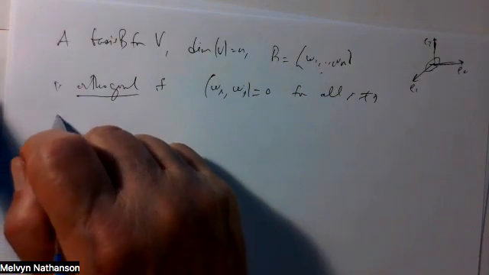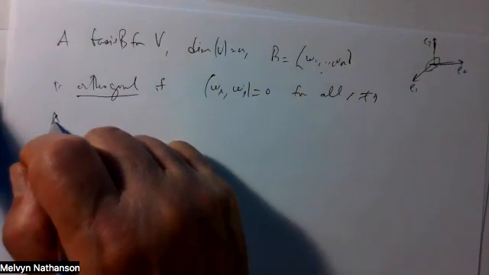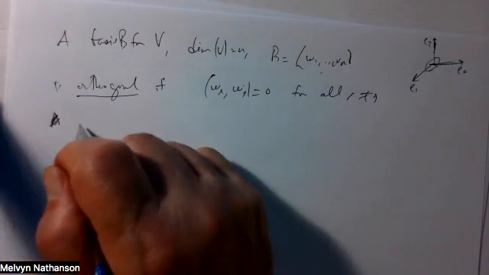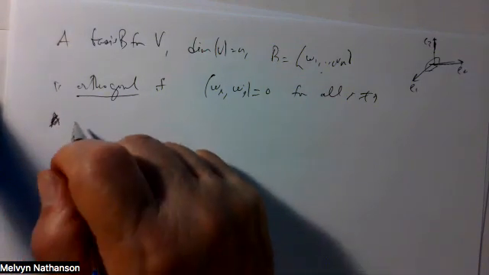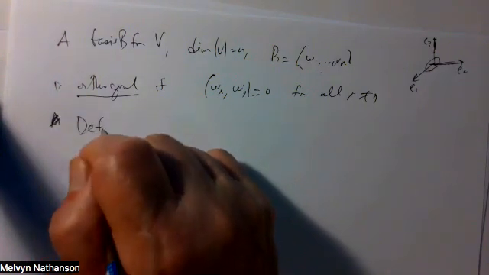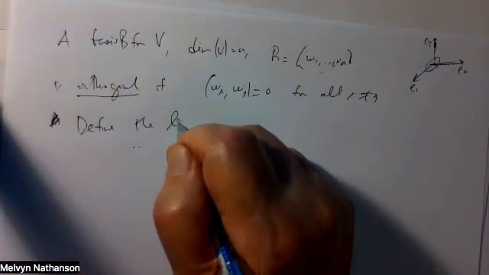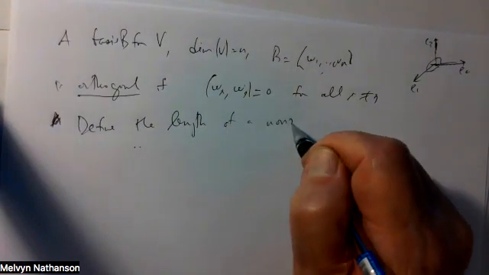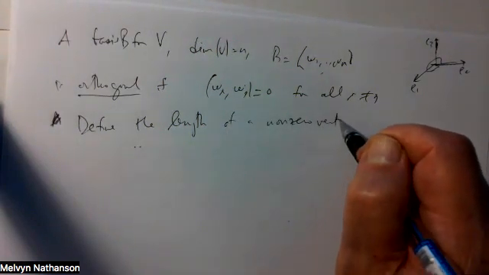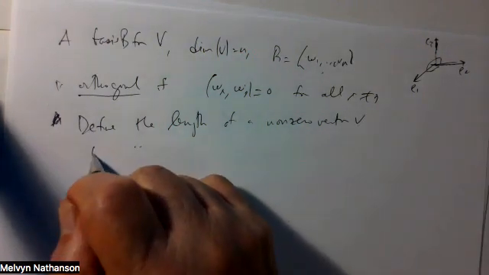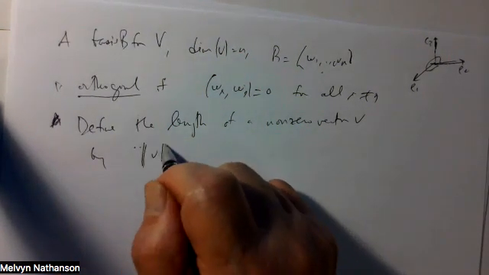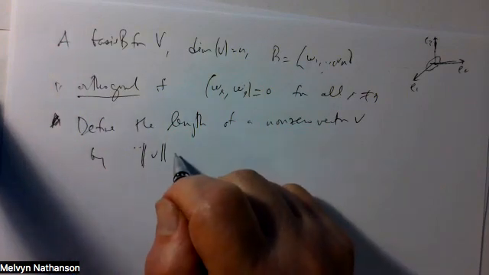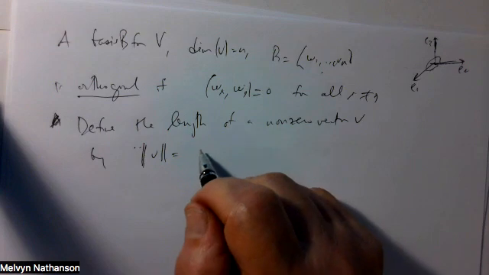We think of a unit vector as having length 1. But we need to have a notion of length in a vector space. So we define the length of a non-zero vector v by, and we usually write double bars around the v, that's the length of v, this is equal to the square root of the inner product of v with itself.